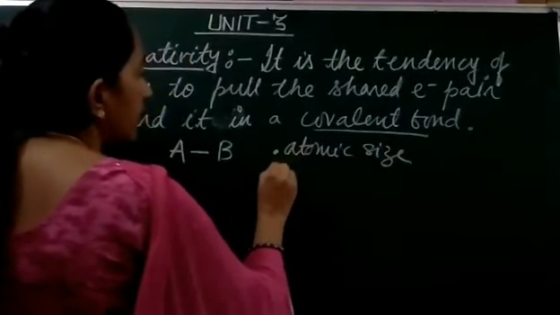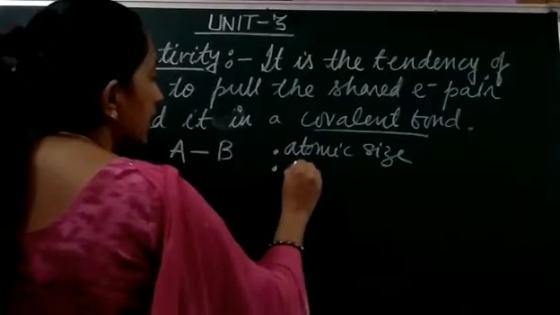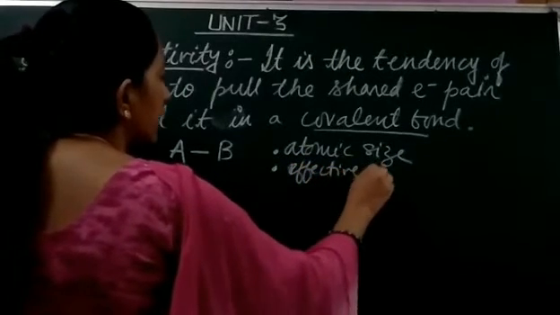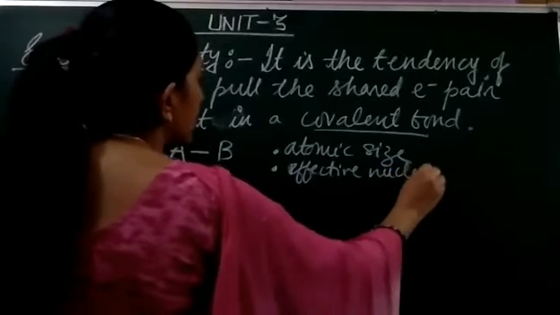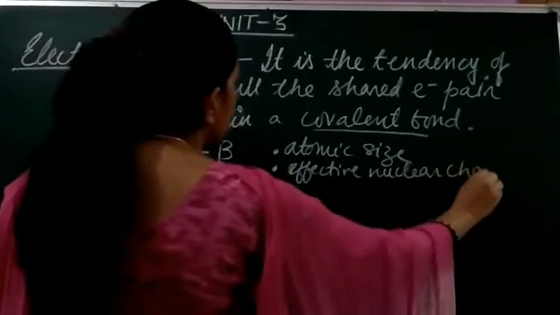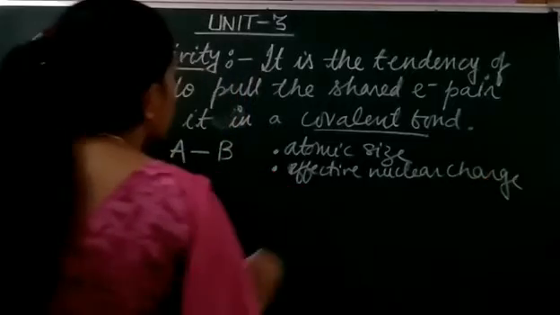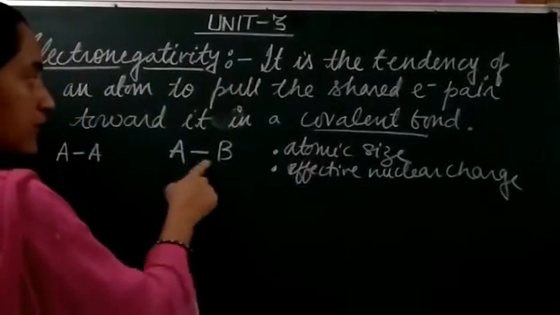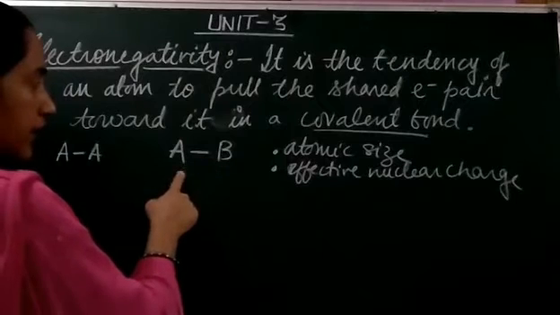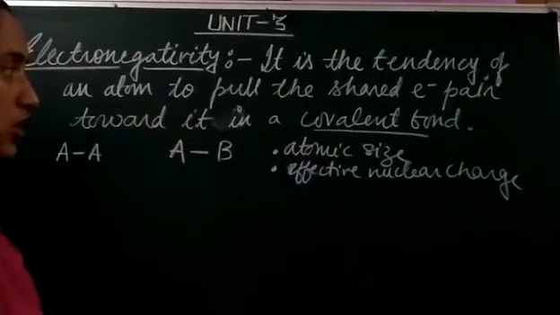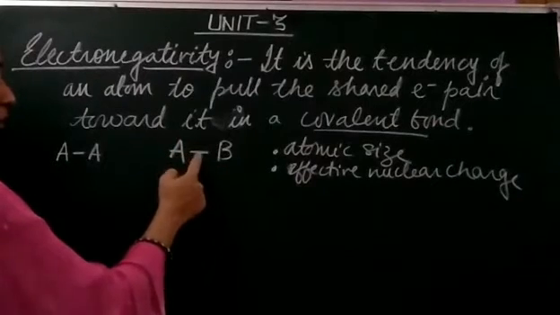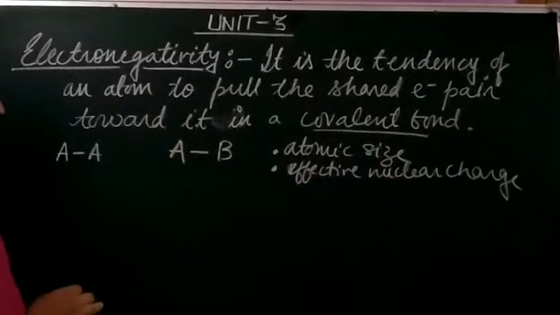and it will depend upon the effective nuclear charge. The atom which is smaller and whose nuclear charge is higher, the shared electron pair will be bent toward that element.